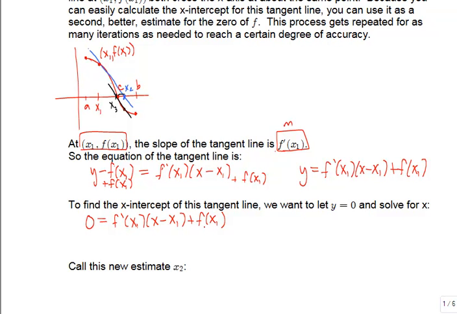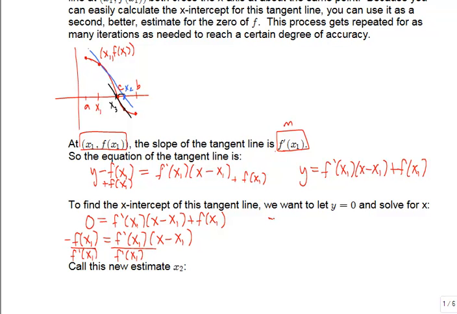So I'm going to go ahead and subtract that f of x sub 1 over to the other side. And if I want to get at this x, I need to get rid of this f prime. So either I could distribute it across, which is fine, or what I'm going to do is actually just go ahead and divide by it right away.